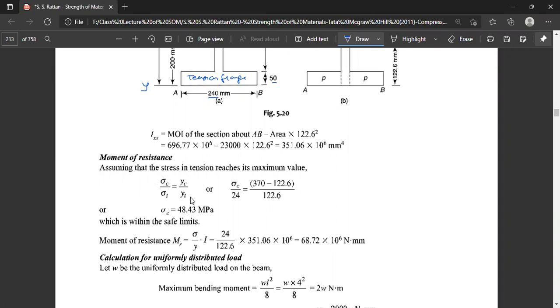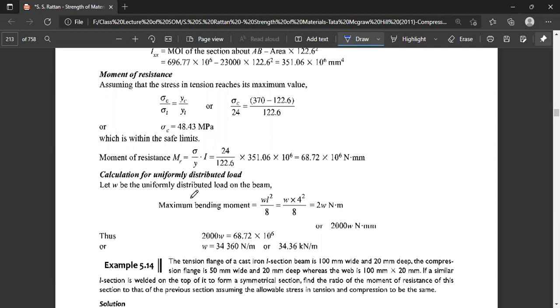Now sigma C is equal to 48.46, which is within the safe limits. The moment of resistance will be sigma divided by y into I. This I is calculated, sigma is calculated.